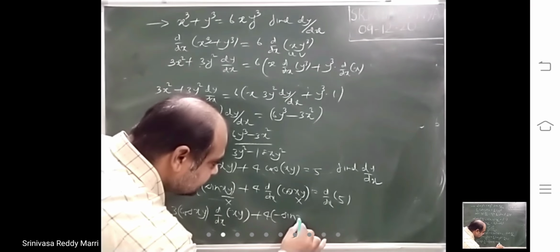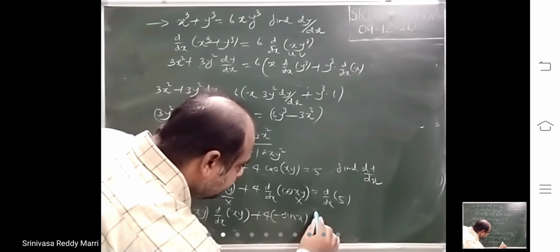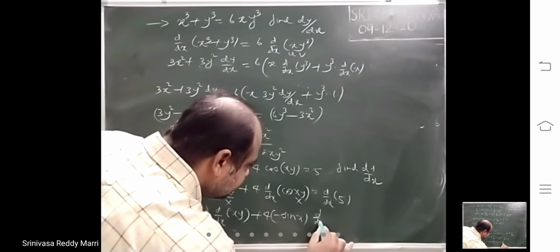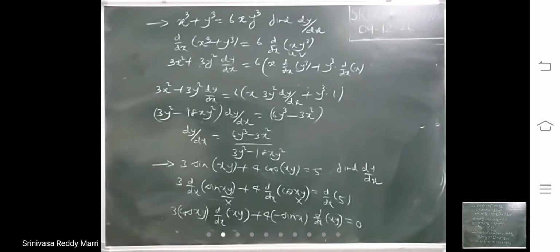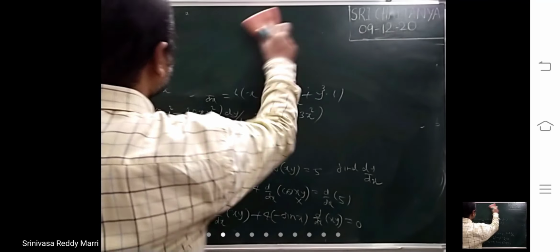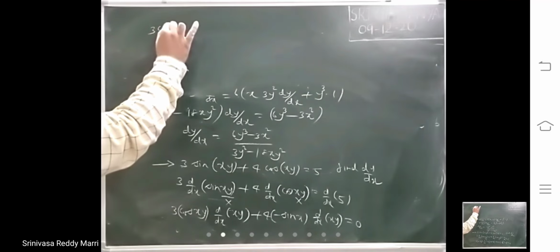Minus sin X into d by dx of capital X, equal to 0.